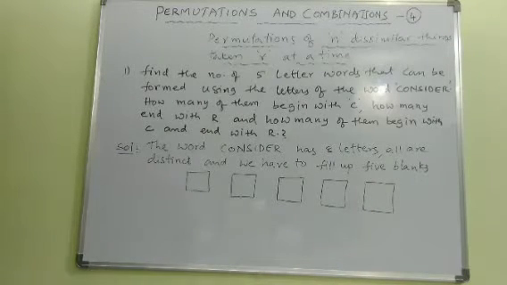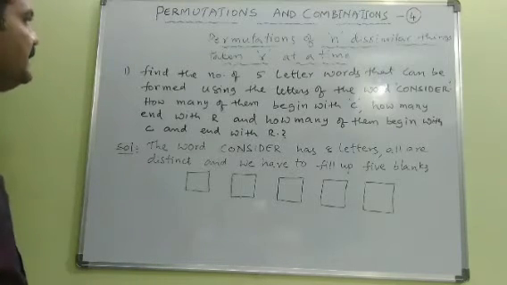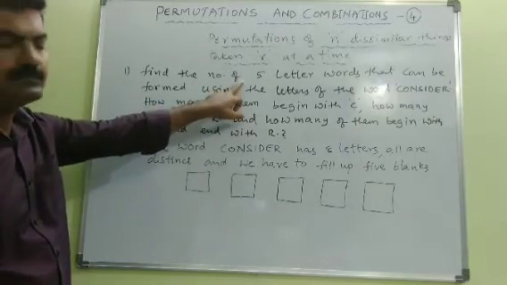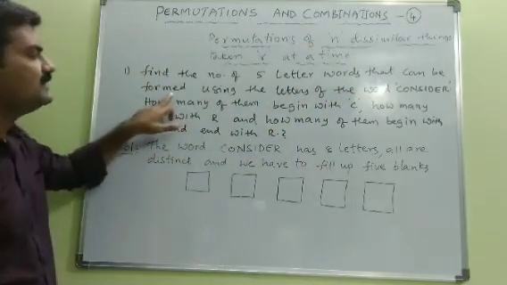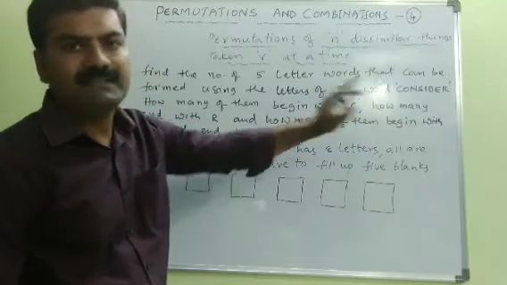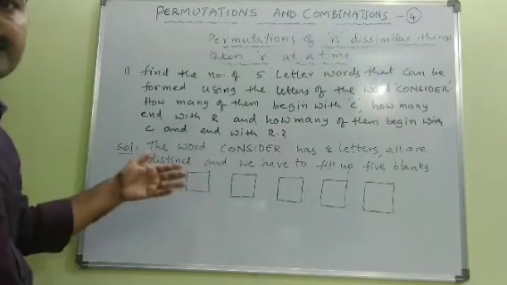Look at this question now. First read the question, everybody. Find the number of 5-letter words that can be formed using the letters of the word CONSIDER. There are still many questions in this.